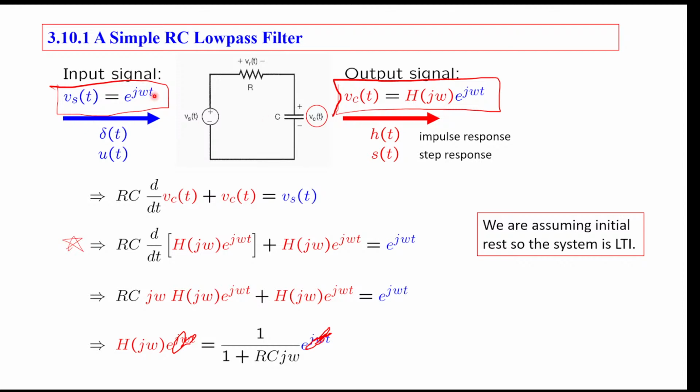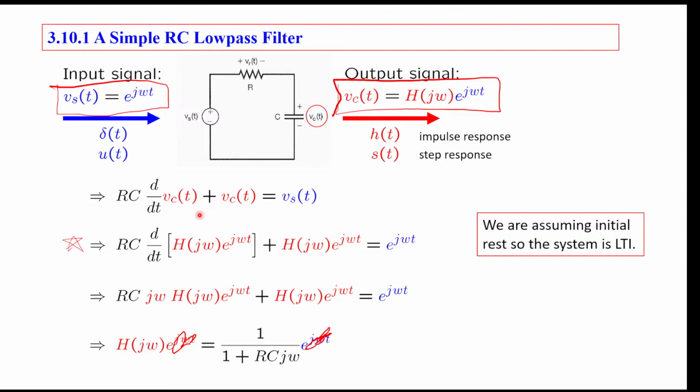So we derive this big H with a kind of cheating approach once again. I guess not cheating, but it is a shortcut way. We just say our input is e to the j omega t, and we see what the corresponding output is.